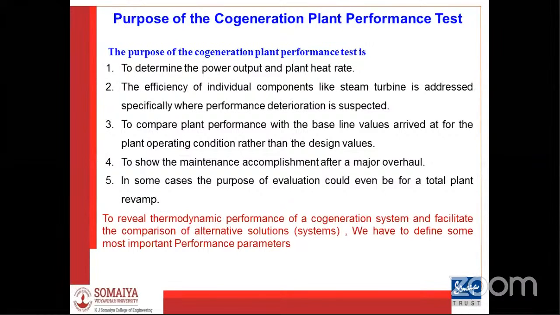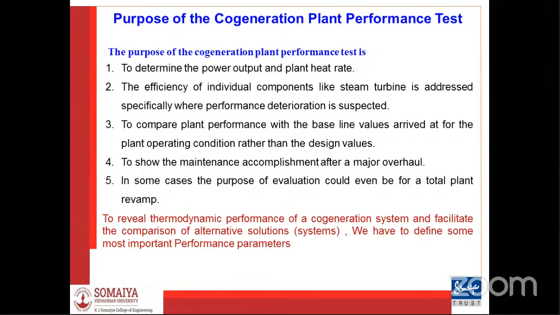For example, if I take an IC engine, the mileage for an engine is given by BSFC. Maybe I can say it is 0.45 kg per kilowatt hour or 0.24 kg per kilowatt hour. This is the defined range of BSFC for a diesel engine.